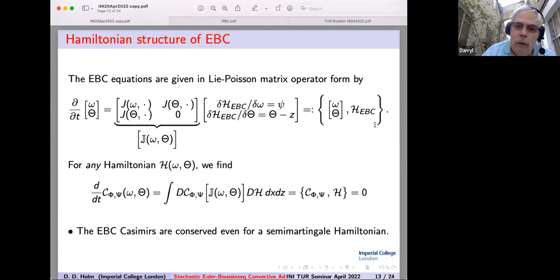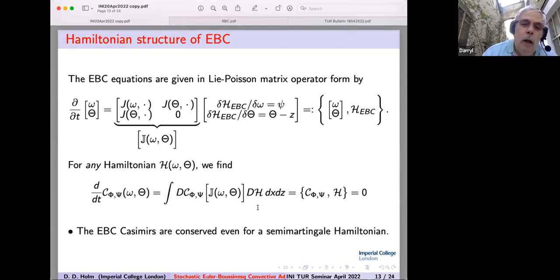And that defines a Poisson bracket in terms of this operator here, J. And for any Hamiltonian, not just H sub ABC, we find that the Casimirs are conserved, because the variational derivative of the Casimirs turns out to be in the null vector of this matrix operator.